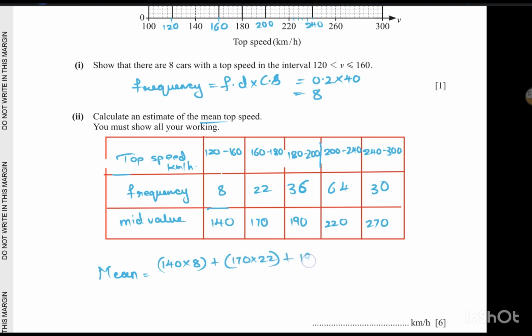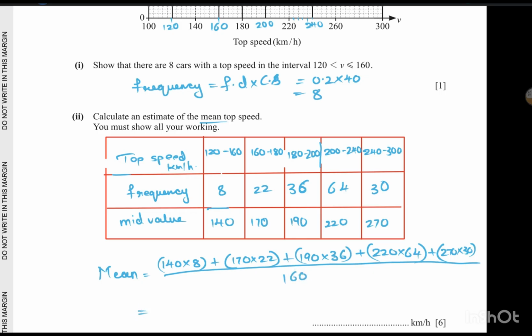Next class, mid value multiplied by frequency, and so on for each class, divided by 160.